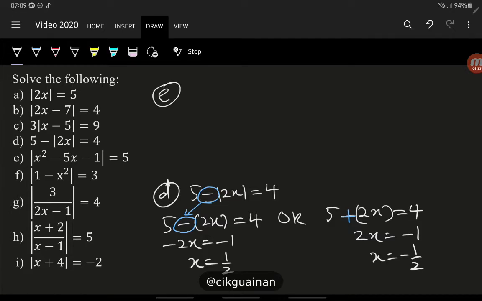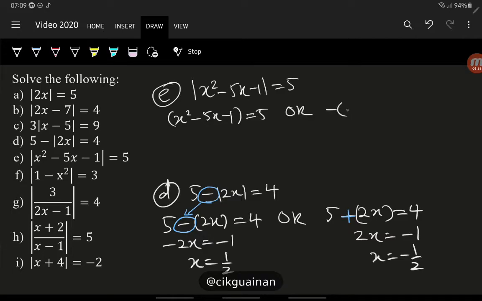E is x squared. I promised you a linear function, but we just do these ones as well. For this one, same thing, copy-paste technique. x squared minus 5x minus 1 equals 5, or the negative of it, x squared minus 5x minus 1 equals 5.